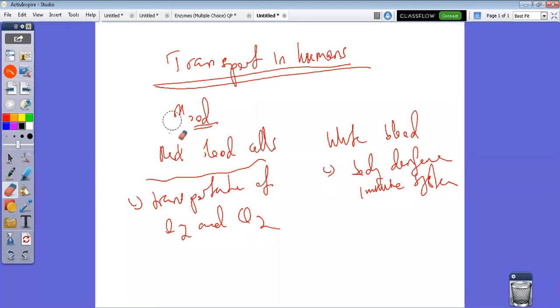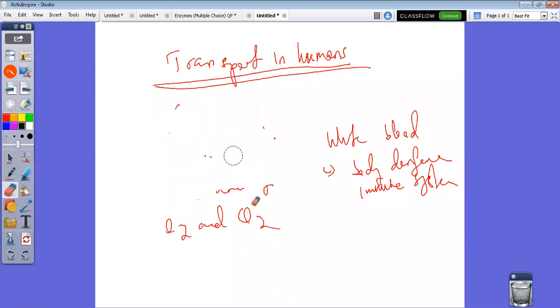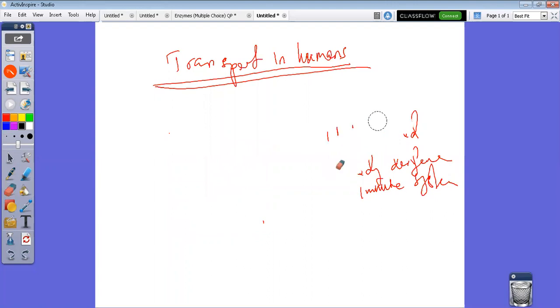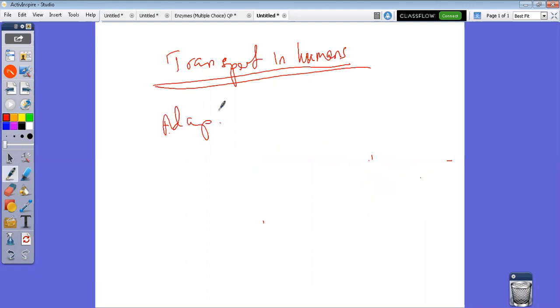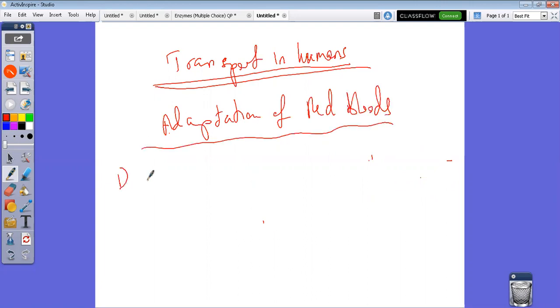Now let's start with the red blood cells. How are they adapted? So we're going to look at adaptation. How are red blood cells adapted for that function? You can write that: adaptation of red blood cells. So Tandy, how are red blood cells adapted? They have a disc shape.